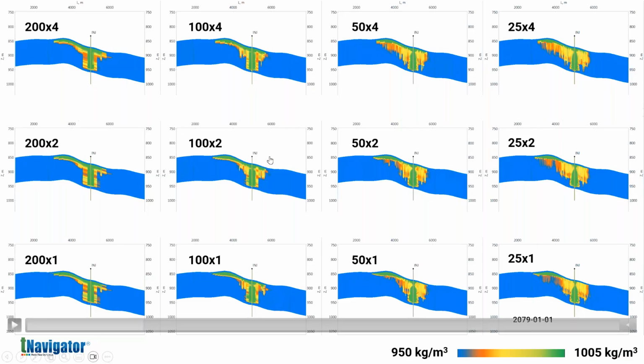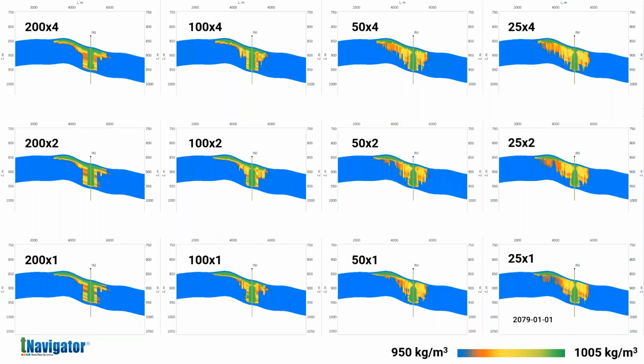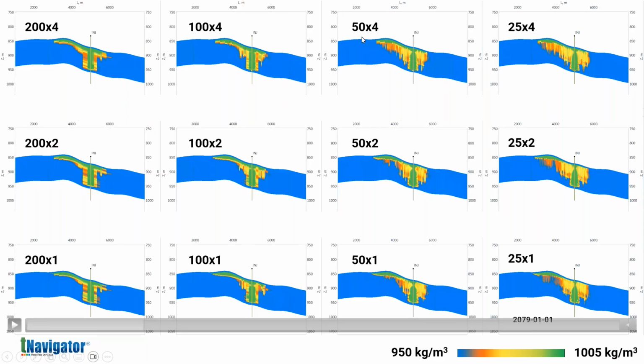But I would say if you're above 100 meters in the horizontal direction, you're not going to see the dissolution fingering effects, for example, which is clear in here, right? Vertical seems to be less sensitive, but even then, when you're at 4 meters, you can see a difference to when you're at 1 meter, right?